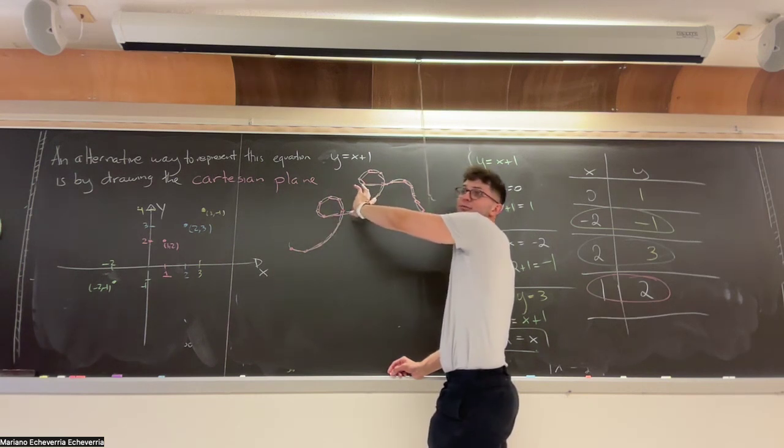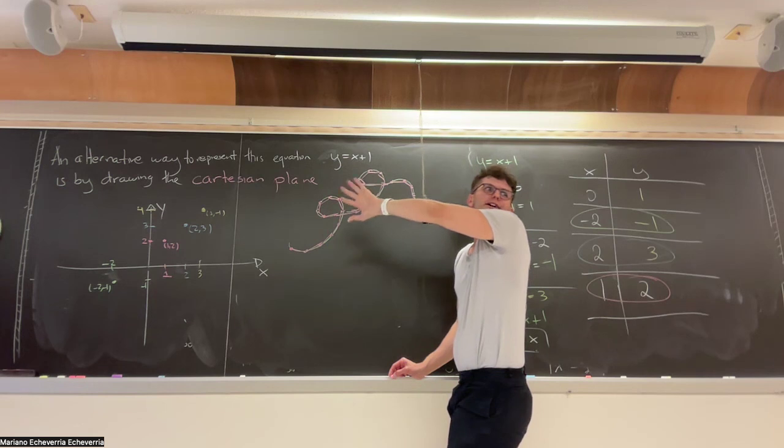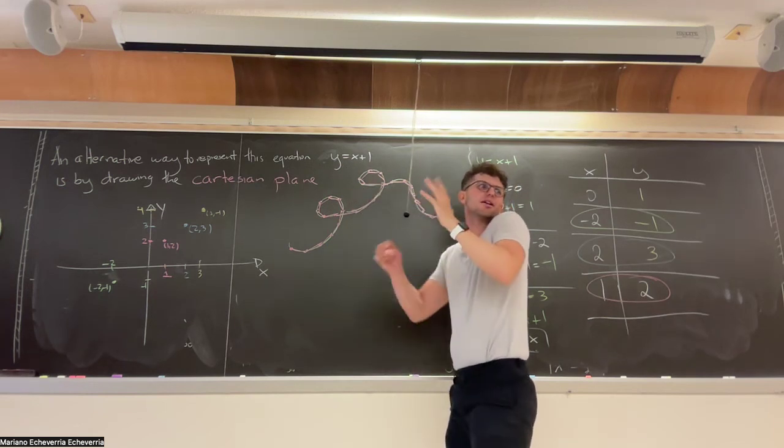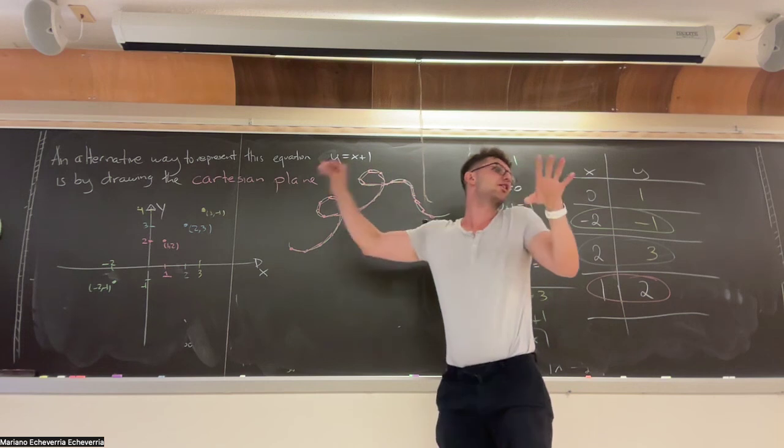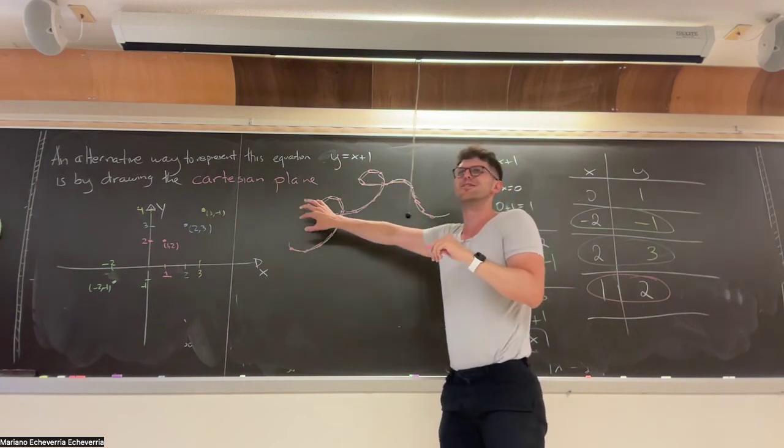That is a way to understand how computer graphics work, right? You don't expect the computer to actually do the curve. What it would do is all of these mini lines.